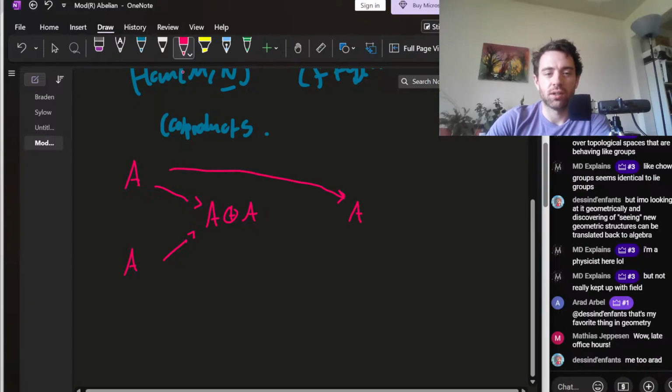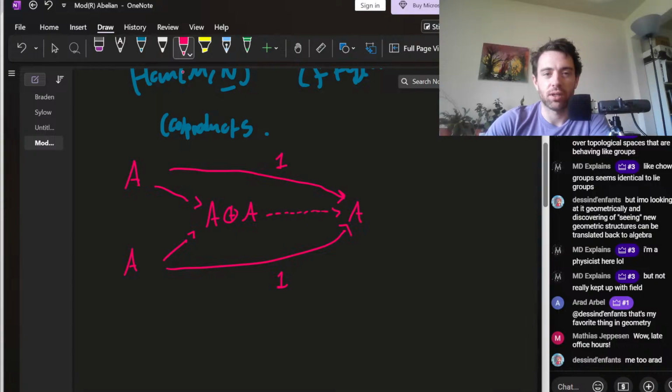And we take the identity maps here, then we get a unique morphism making this diagram commute, which we call the codiagonal map.